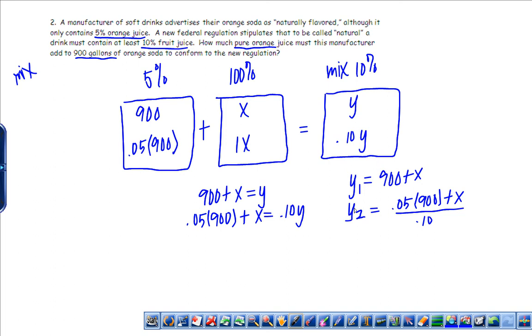Plug that in and find your intersection. The intersection comes out to be 50 and 950. If you need help finding that, I'd be happy to help you find the intersection. And it says how much pure orange juice needs to be added, and so that would be your X value. So that would be 50 gallons.